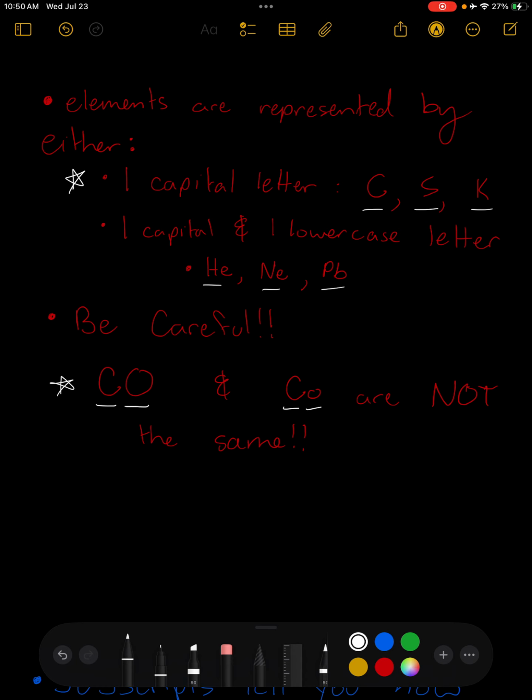And if you see that in a longer formula, that distinction can help you identify what's there. Because if you're looking at, say, this, it's very important to understand that there's hydrogen and carbon and oxygen in this compound, and that it's not hydrogen and cobalt. And that can just help you in terms of your speed of understanding what you're looking at.